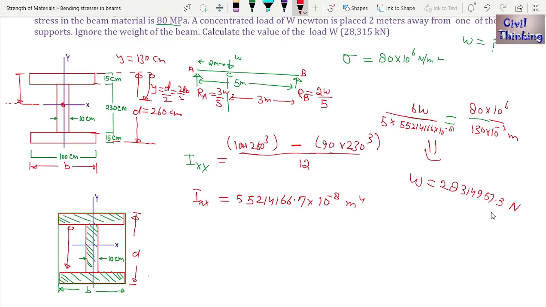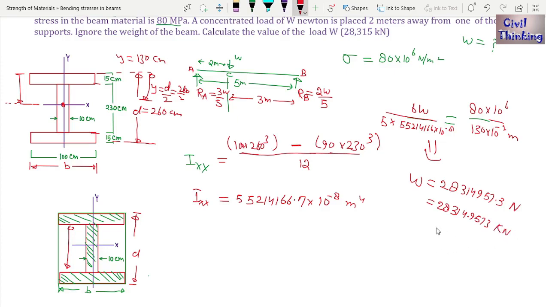Now when I convert it into kilonewton, it will be 28314.9573 kilonewton.